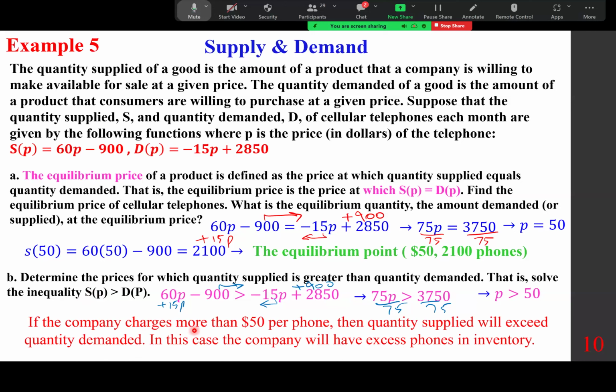If the company charges more than 50 bucks per phone, then quantity supplied will exceed quantity demanded. In this case, the company will have excess phones in inventory, because if it goes higher, perhaps the deal will break. Some people still buy, but some don't.